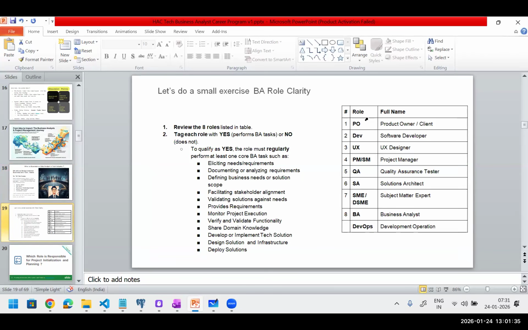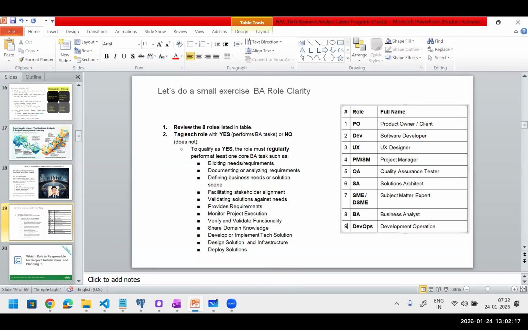What if you have two inputs? This is the role table: product owner or a client, developer, UX, meaning UI designer, designing the screens and those things, PM or Scrum Master, QA (quality analyst), solution architect or application architect or enterprise architect, subject matter expert or domain subject matter experts, DA, and DevOps teams.